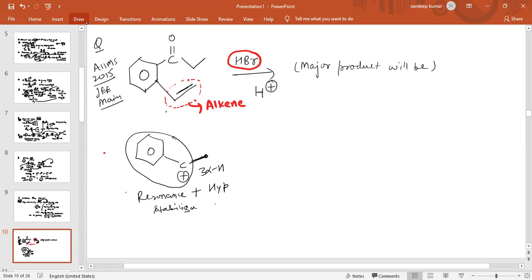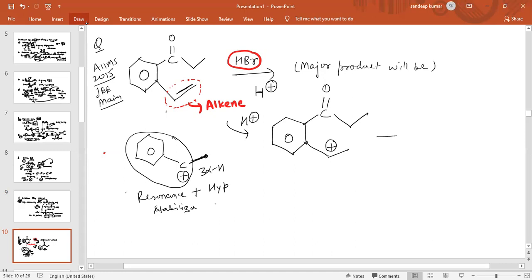So this is the most stable carbocation, and we are looking only for the major product. This group will remain as it is, and on this position there is formation of carbocation after the attack of the electrophile.